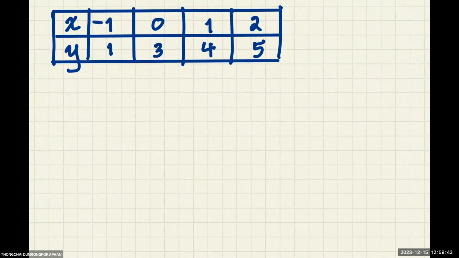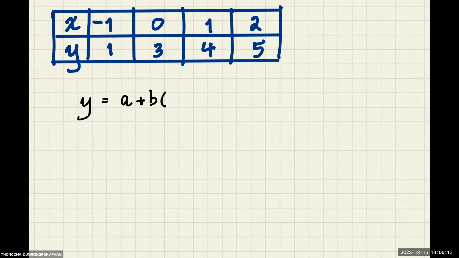So what is the equation? y equals a. This is 4 points, so you try to find a polynomial of degree 3 that passes through the points.